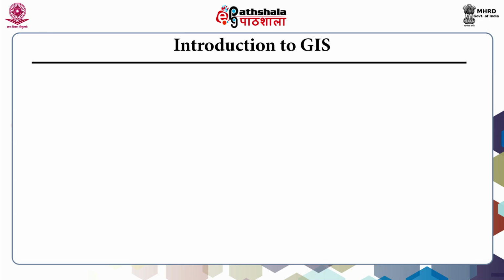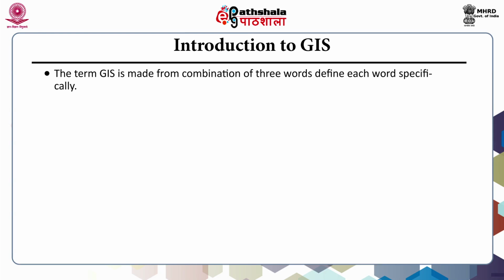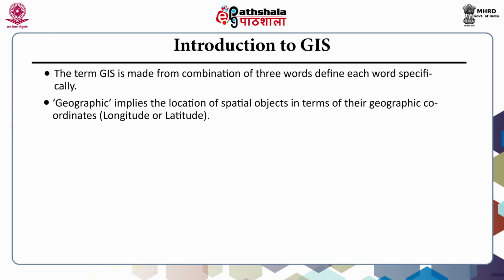As I told earlier also, the term GIS is made from a combination of three words, that is geographic, information and system. The word geographic implies the location of spatial objects in terms of their geographic coordinates, that is the longitude or the latitude.